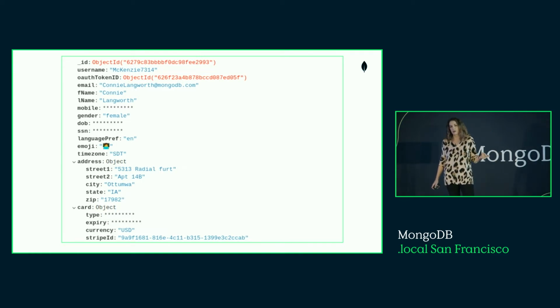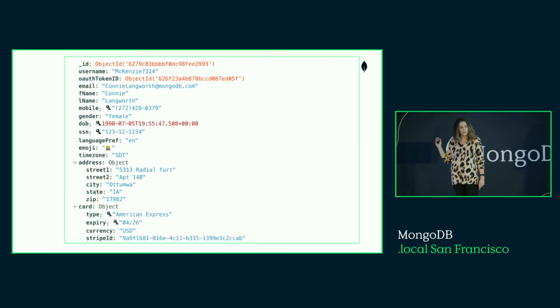That's just how Compass shows encrypted data. This would be essentially what it would be like if a DBA without the appropriate access tried to query that data. Now for an application that has access to the keys and is authorized, you can see that data is in clear text, where you see the little keys next to it.